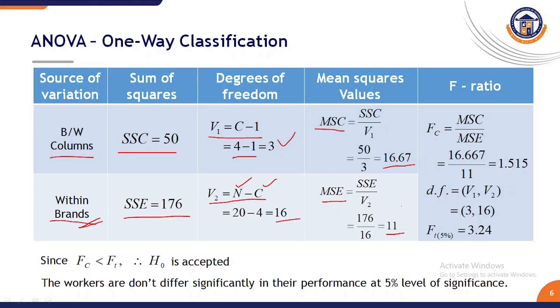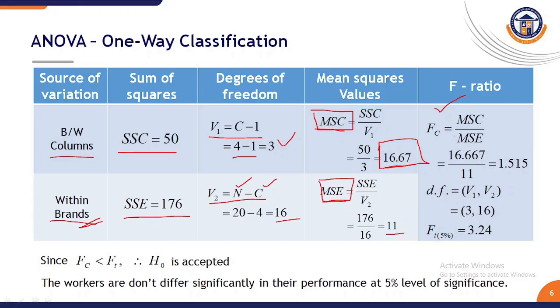The F test between the values MSC and MSE. Based on these two values, we can define the F ratio formula. Generally, F ratio equal to greatest value divided by lowest value. Among these two, the greatest value occurs for MSC.